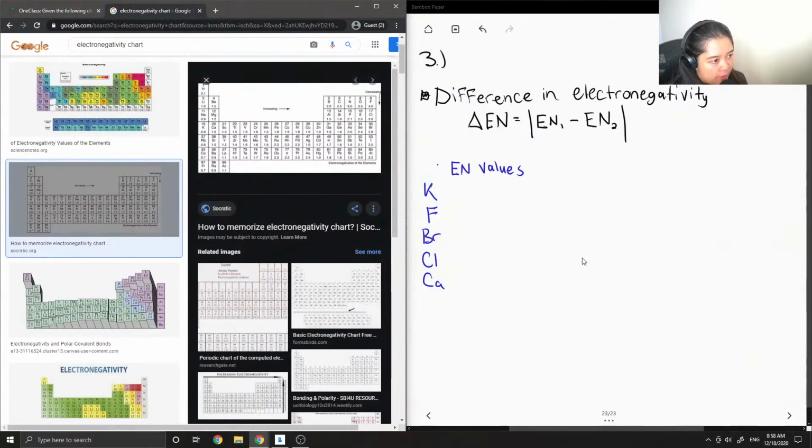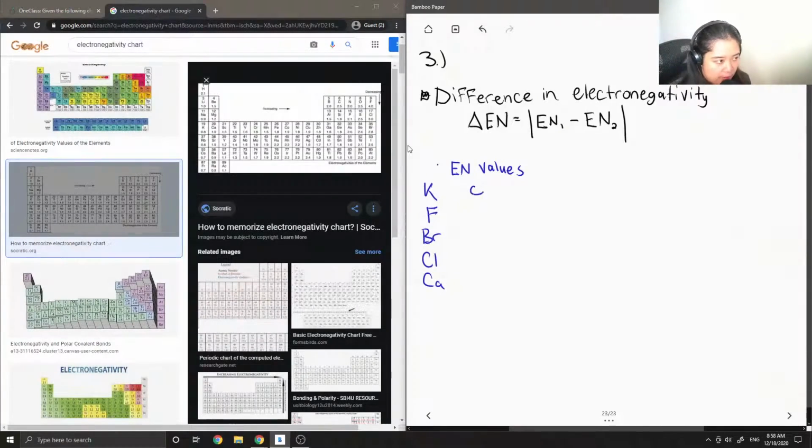Okay, so if we look at the value for potassium, it is found here, atomic number 19. It has an electronegativity value of 0.8. Fluorine is at the top right, and its electronegativity value is 4.0.